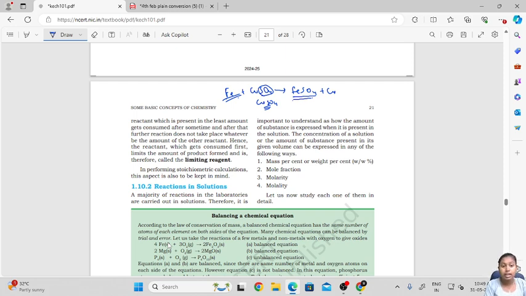Hence the reactant which gets consumed first limits the amount of product formed and is therefore called the limiting reagent. So Fe here is the limiting reagent, as it limits the formation of the product, because if all of the Fe molecules are consumed, then the reaction will end there, because no further FeSO4 will be formed, right? So this is the limiting reagent.